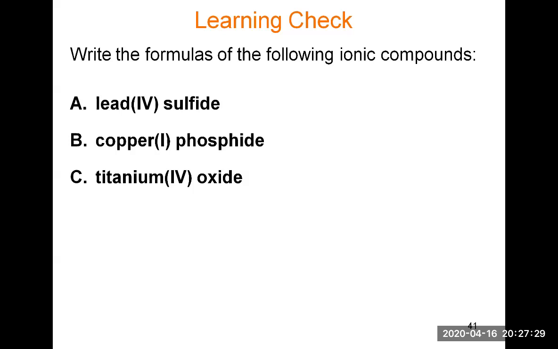Sulfide indicates that it's the ion from sulfur. Sulfur, being in group 6A, likes to gain 2 electrons to have 8 valence electrons around it. And so it's the S2- ion. So you have Pb4+ and S2-.